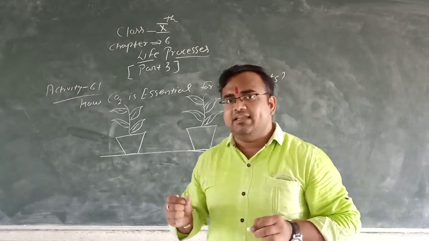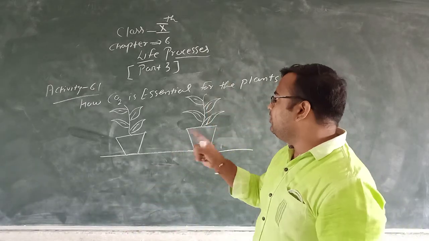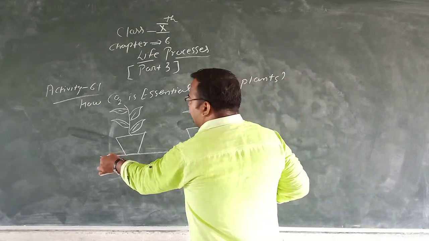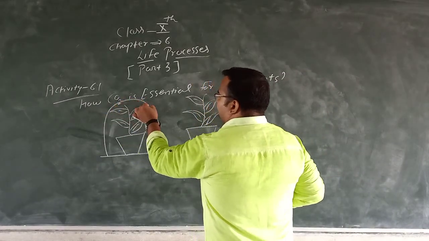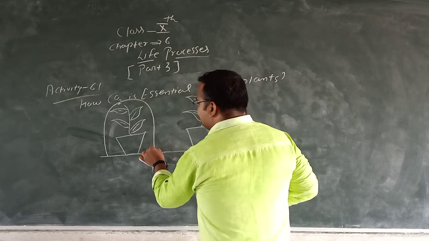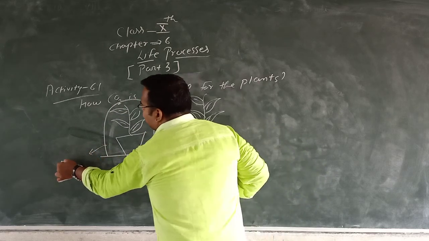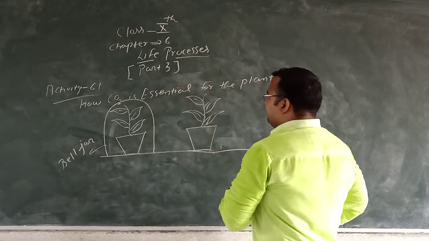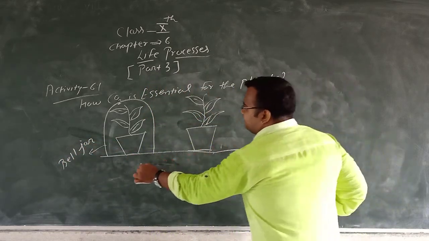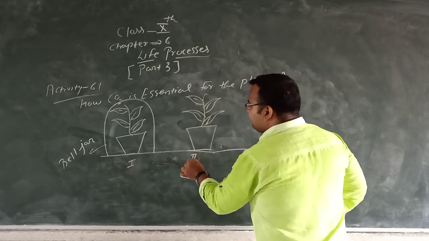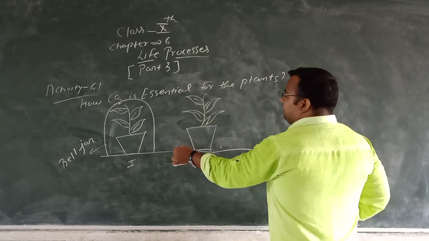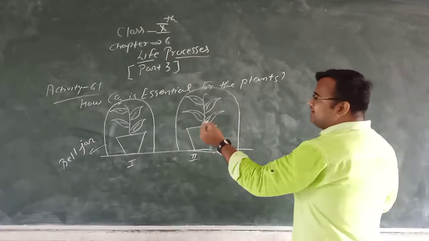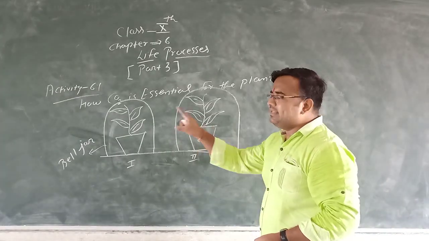In the first case, we cover the plant with a bell jar. In the second case, it is also covered with a bell jar, but what is different in case 2 than the first?